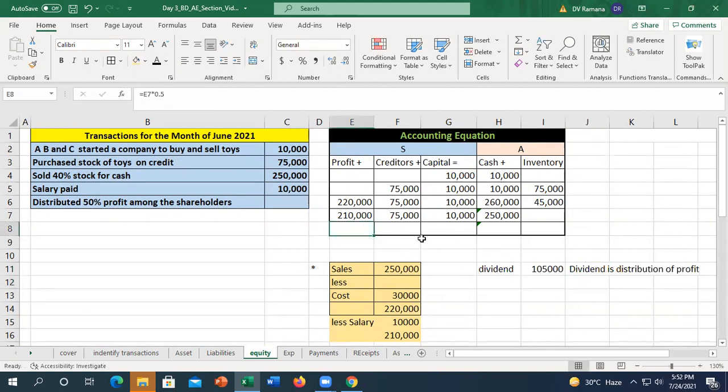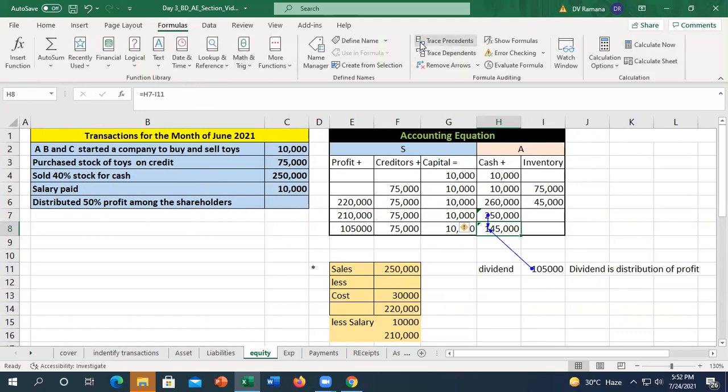So what will happen to the profit? Profit, to the extent of the distributed dividend, will go down. And no change in the creditor, no change in the capital. However, cash will reduce to the extent of 105,000.